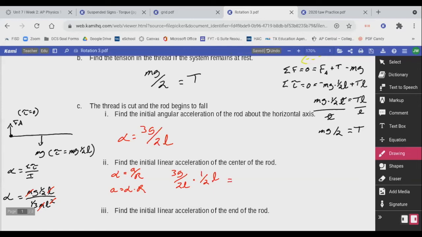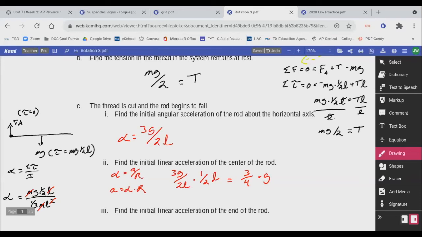If we simplify this, we come up with 3/4, and then the L's cancel. So 3/4 g. You could say 3g over 4, it's the same thing. That's the linear acceleration of the center of the rod.